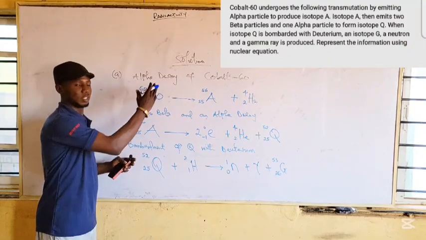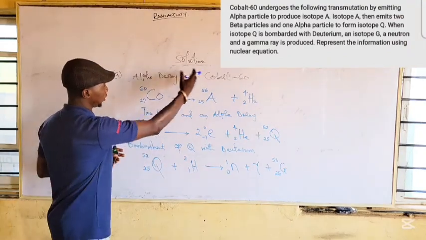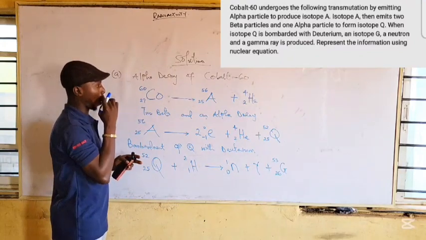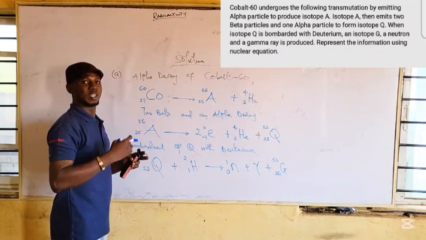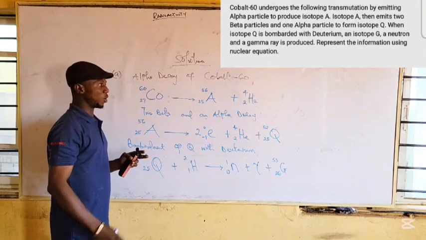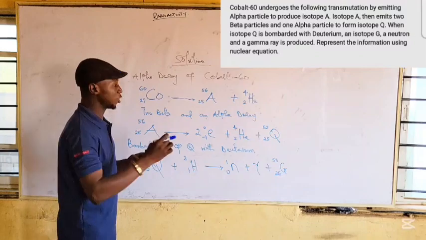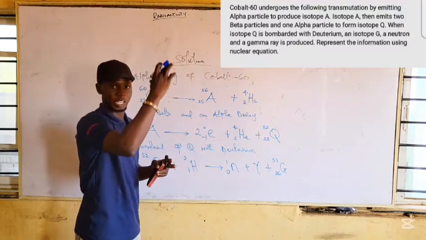Now, this is the interpretation of that question in a nuclear equation. Cobalt 60 undergoes emission. When you hear the word emission, it means your radiation will be at the product side, like I said earlier.